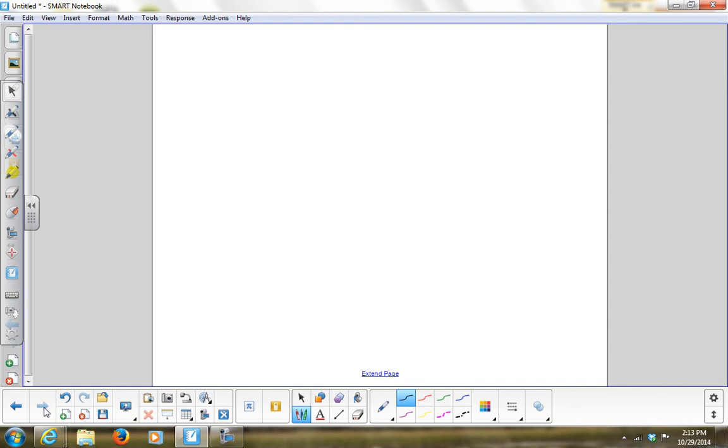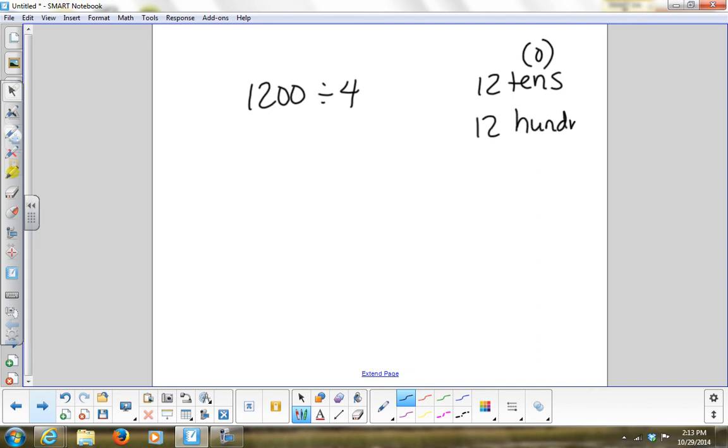So in the second example, it's 1200 divided by 4. Now, if 12 tens, okay, I'll write it over here. If 12 tens, this means 0. What do you think 1200 is? 120? No, because that would be 12 tens. 2 zeros. Thank you.